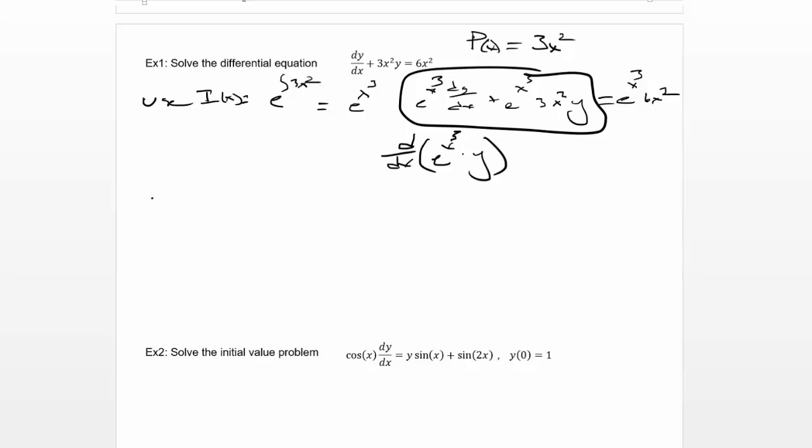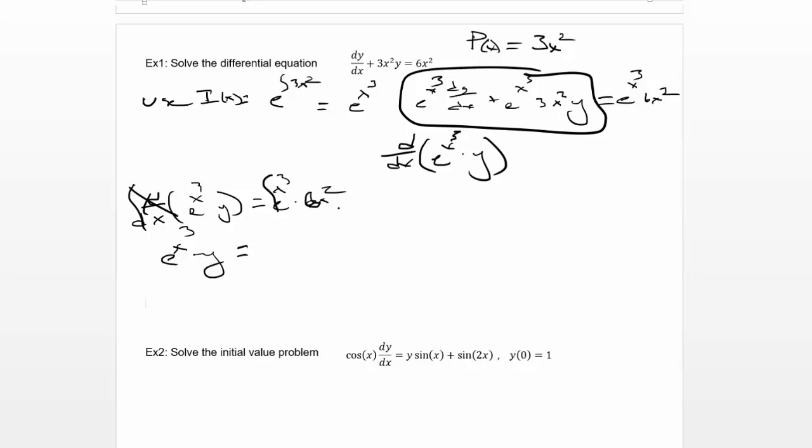And because of this consequence, we know that the derivative with respect to x of e to the x cubed y is equal to e to the x cubed times 6x squared. I'll undo this derivative operator with an integral. The integral of a derivative is just the function that we start with, e to the x cubed times y. On the right-hand side, what's the integral of e to the x cubed times 6x squared?